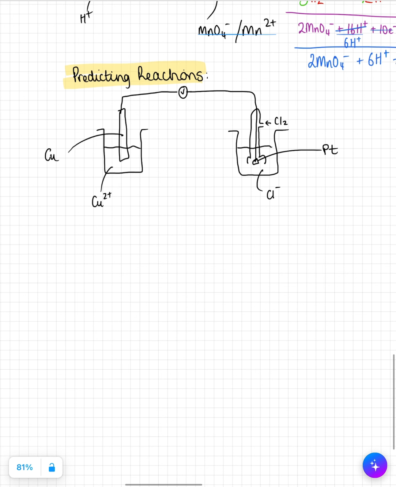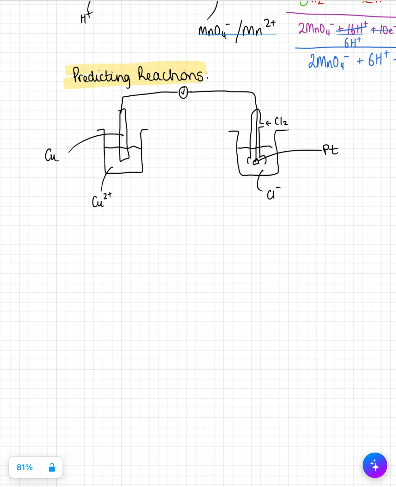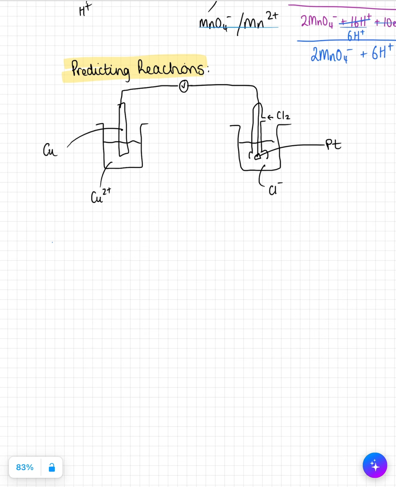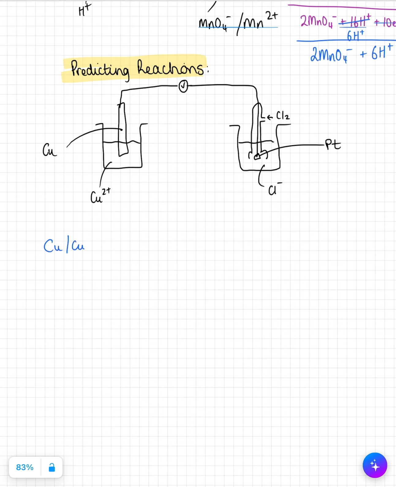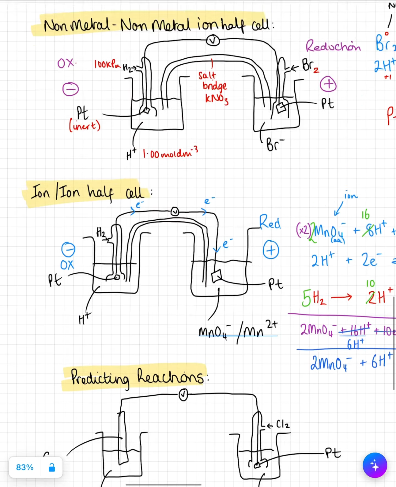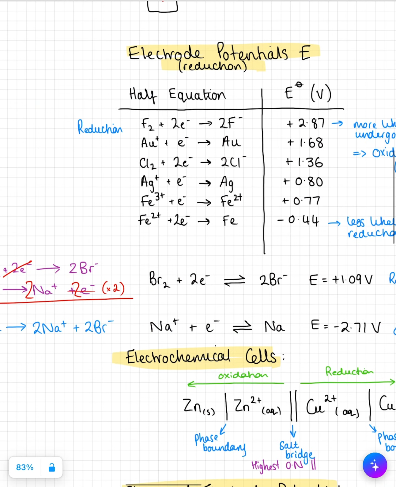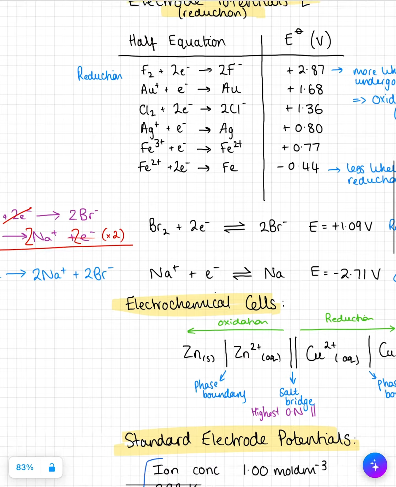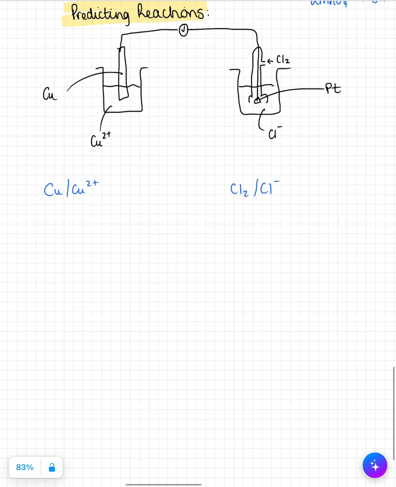So let's take a look. We are using copper 2+, and we're using Cl2 and Cl-. Let's refer to our table. Cl2 plus 2e- goes to 2Cl-, that's a plus 1.36.